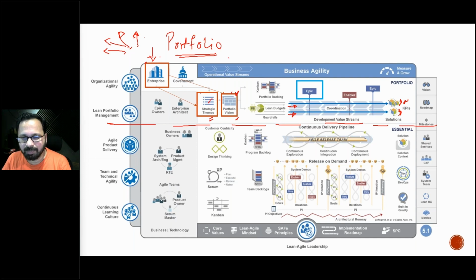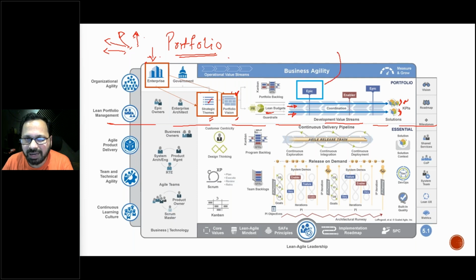Each SAFe portfolio operates with an approved budget, and these budgets are allocated to the value streams. Now, the question we were asking: are we investing in the right products? How do we know whether we are investing in the right products or right ideas?